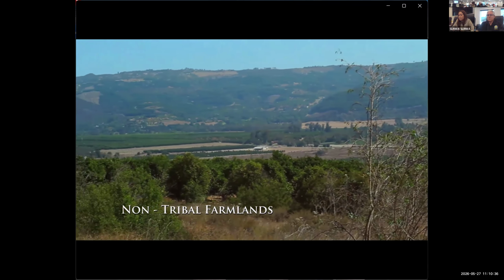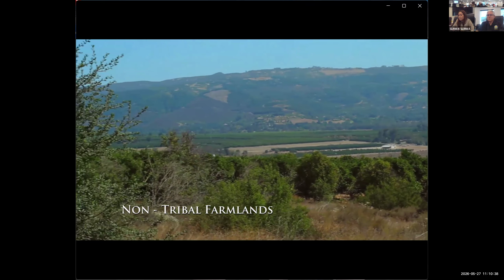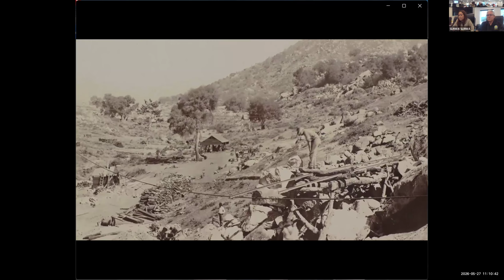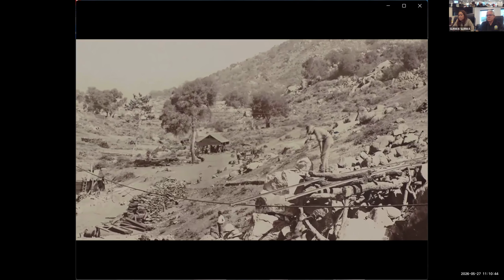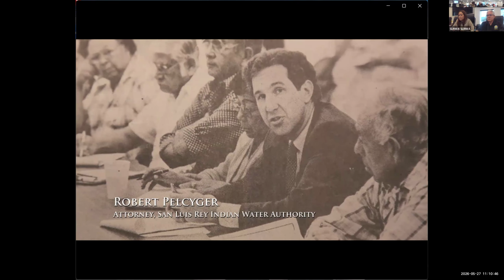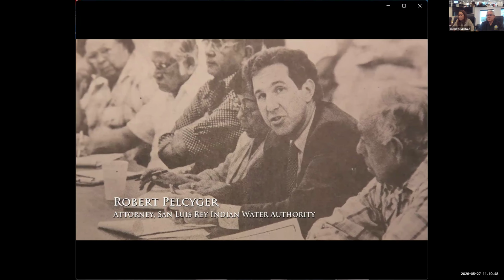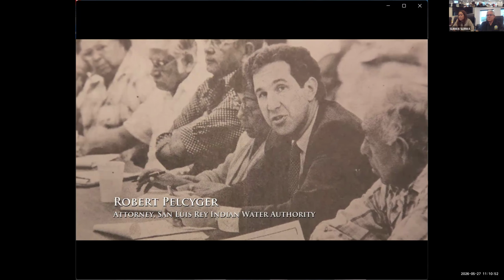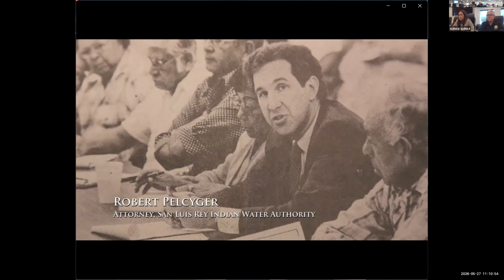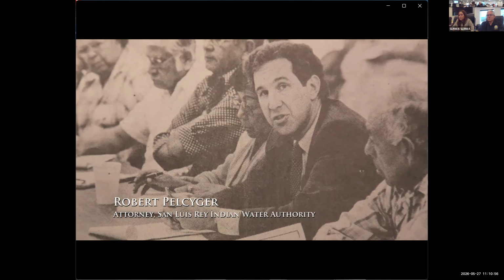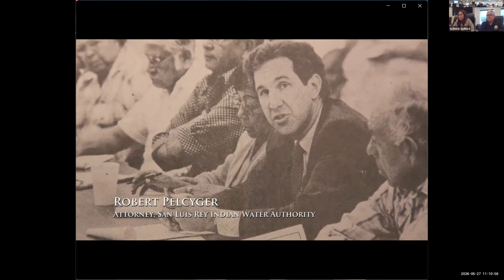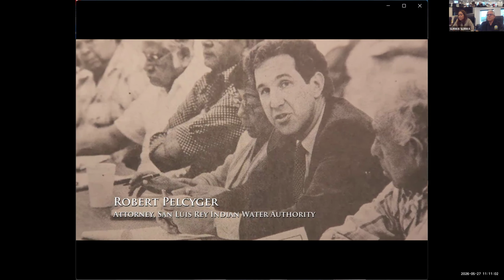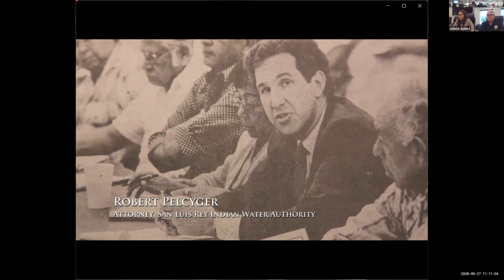Their fertile green acres with gushing water are in stark contrast to the brown, brush-covered and dusty expanse of the reservation land. In 1969, the Indian band sued the city of Escondido and the Vista Irrigation District, charging that the United States law protecting Indian reservation water rights had been violated, and that the Secretary of the Interior exceeded his authority in reaching agreements that gave away water rights on behalf of the tribes.